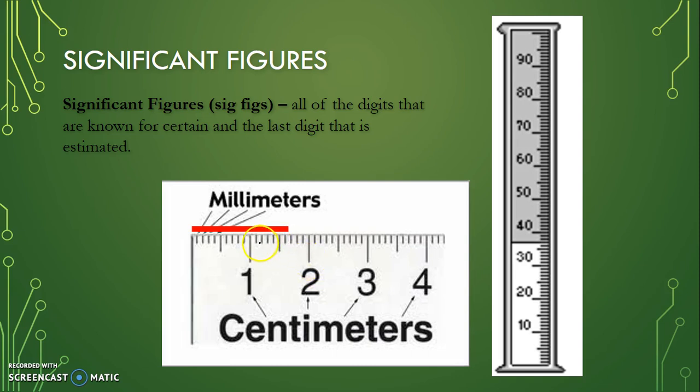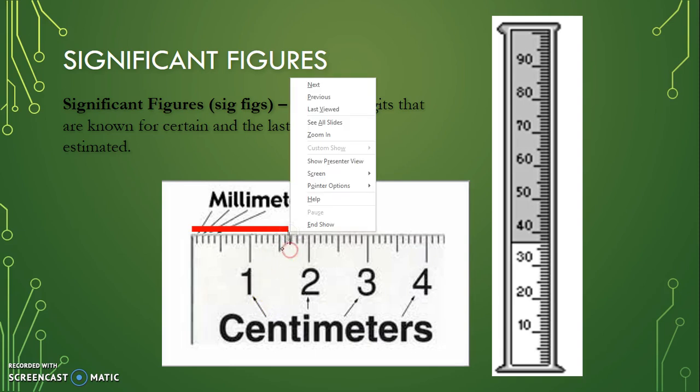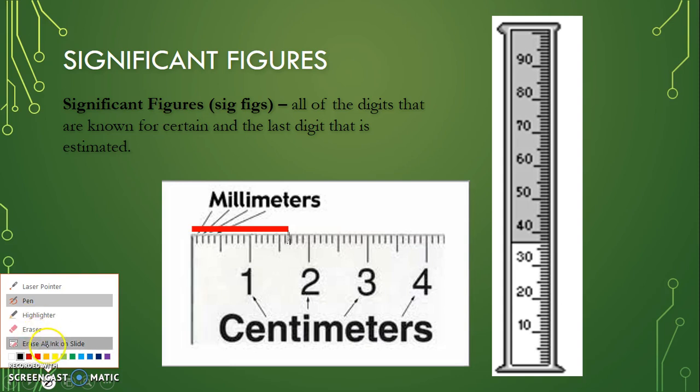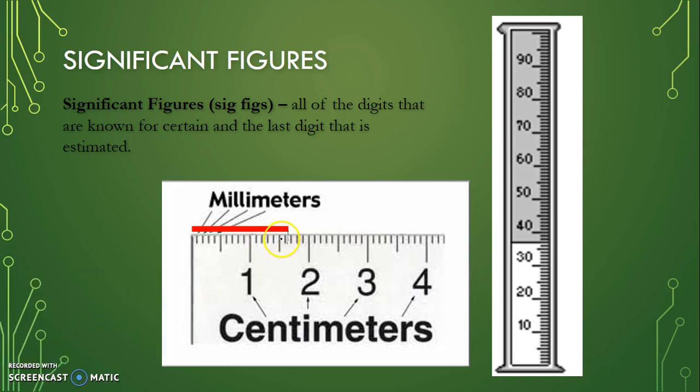And then if we count these little bitty tick marks, these are tenths of a centimeter if we're going to do this in centimeters, or they're individual millimeters if we're going to go in millimeters. We're going to go in centimeters. So this is 1, 2, 3, 4, 5, 6. I know for sure that that line is between the 6th and the 7th spot.